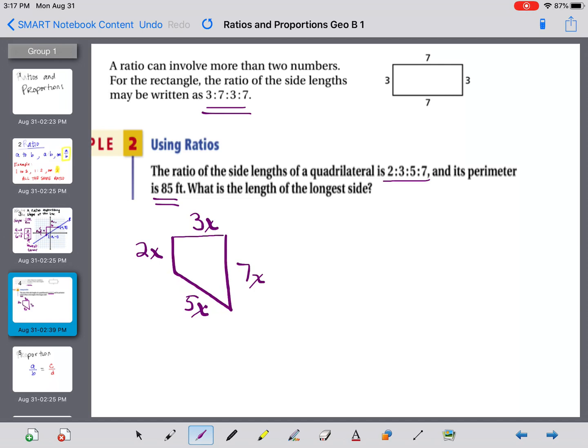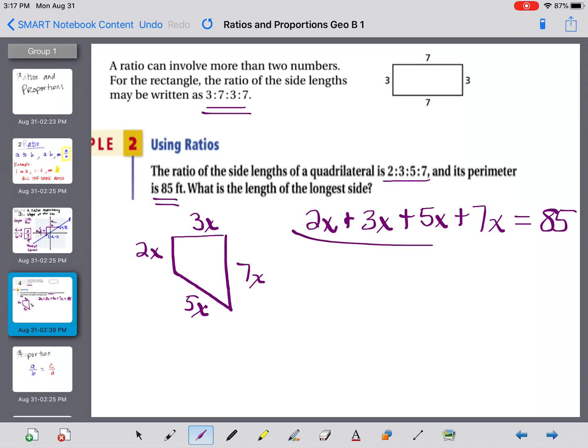The perimeter means we have to add all of the sides together. So if we add 2x plus 3x plus 5x plus 7x, that should add to our perimeter total of 85.